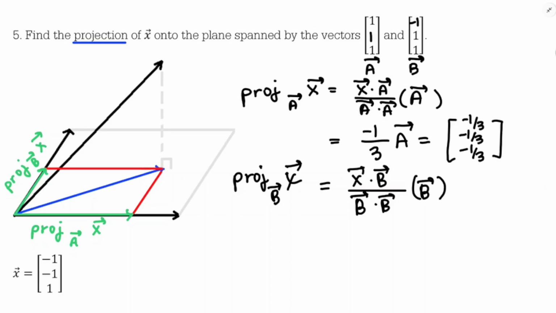Okay, and so x dotted with B is going to be 1, -1 is 0, plus 1 is +1, divided by B dotted with B, which is going to be another 3, and so that'll be 1/3 of B. It's going to be -1/3, +1/3, +1/3.